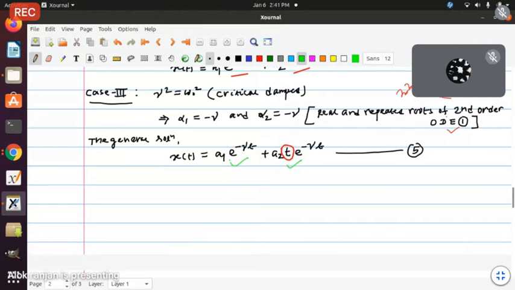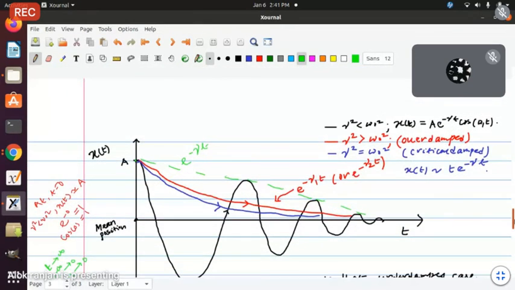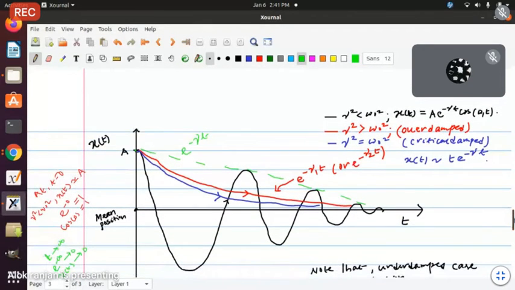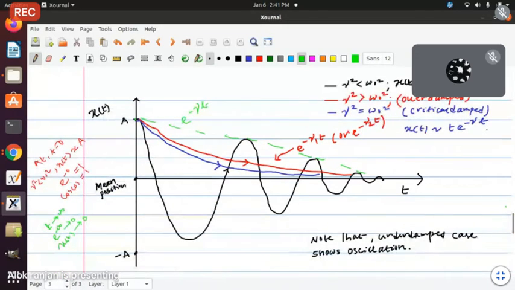Simply the solution will start at A1, because e to the power minus 0 equals 1. So now here we plot solutions of the displacement of the damped harmonic oscillator with 3 different scenarios: critical damped, over damped, and under damped.